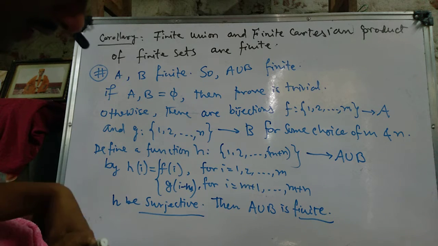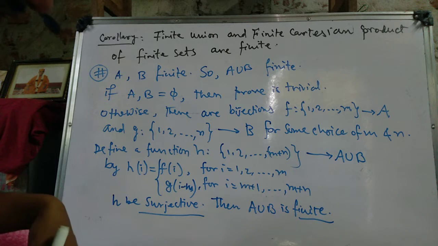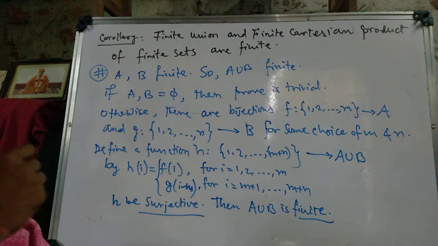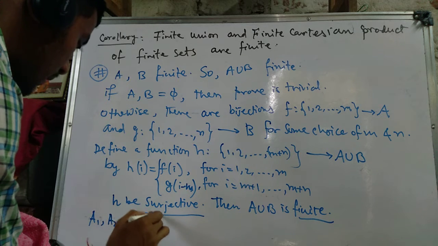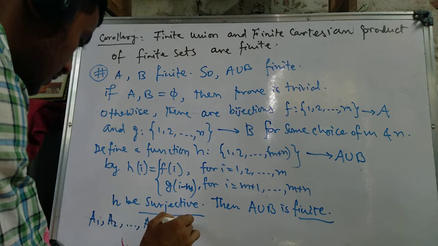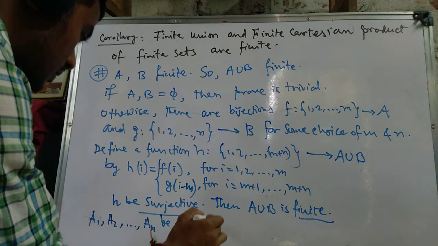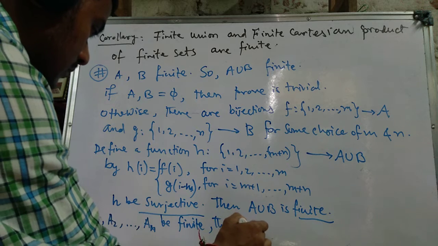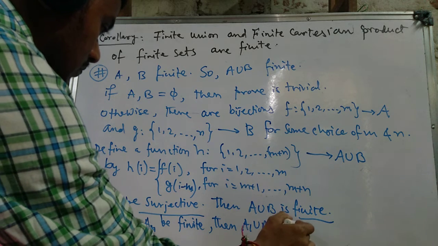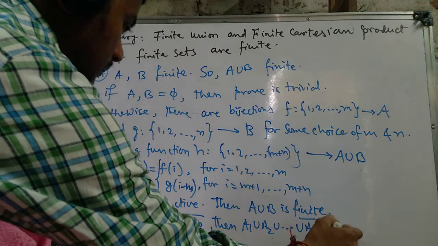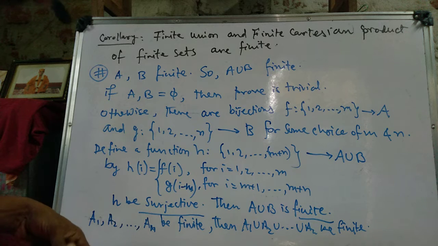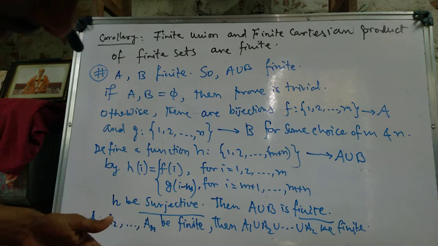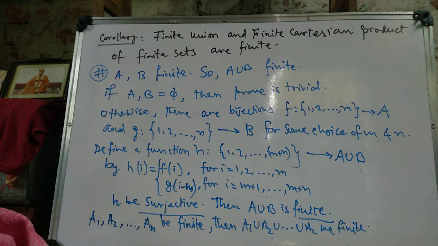So if A1, A2, dot dot dot An are finite, then the union of A1, A2, dot dot dot An is finite.